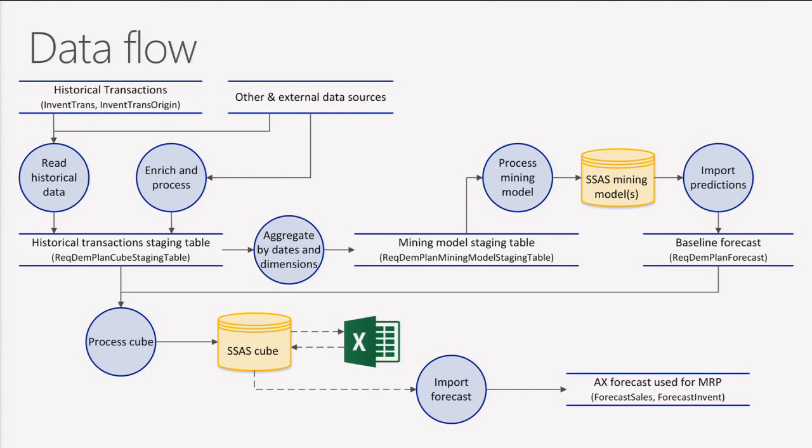They are aggregated, then put into the mining model. So then the mining model can generate the predictions, and both the historical data and the predictions are put into the cube so the users can access this data through Excel and adjust the forecast according to their needs and what they think the forecast should look like based on their knowledge.